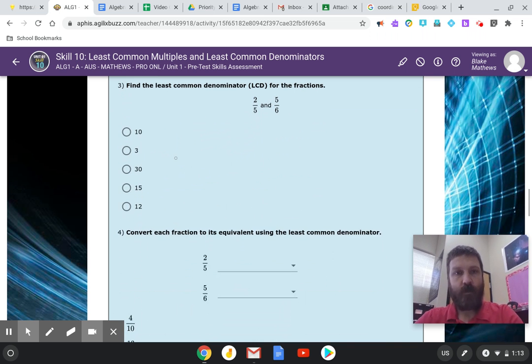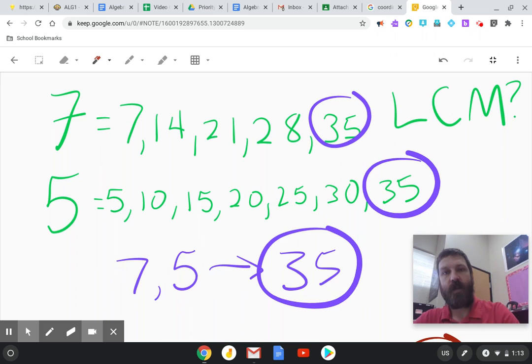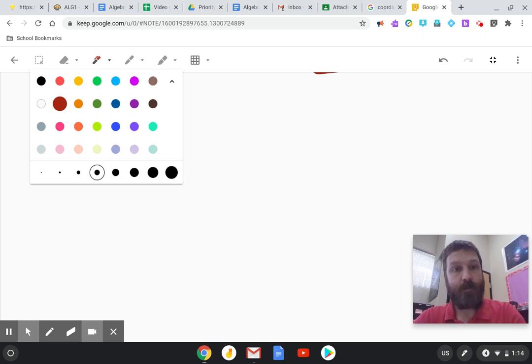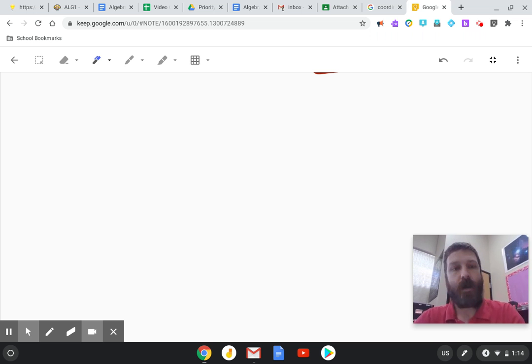All right. So then in number 3, they say, find the least common denominator, LCD, for the fractions. So when they ask for that, really all we're saying is they're getting us to the point where we can know what to do to make fractions have the same denominators. So we're not going to be doing it yet, but they're giving us the first step of that process.